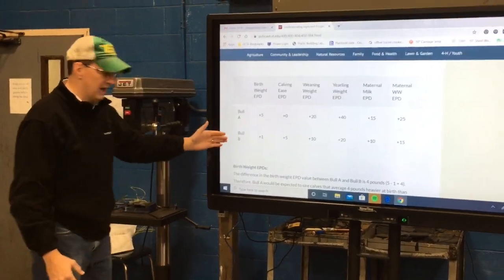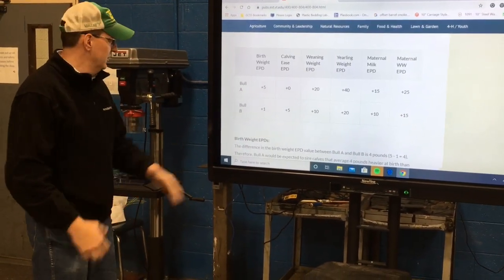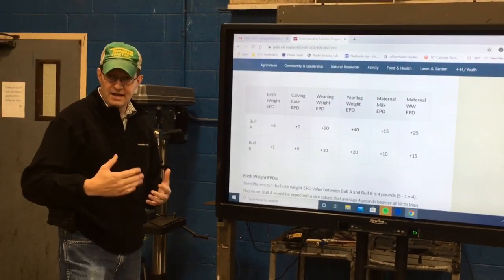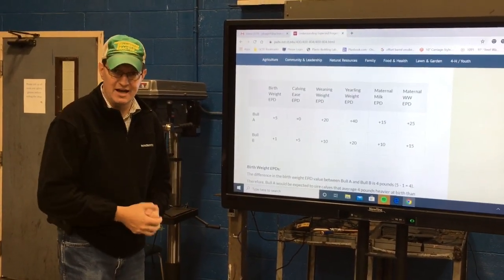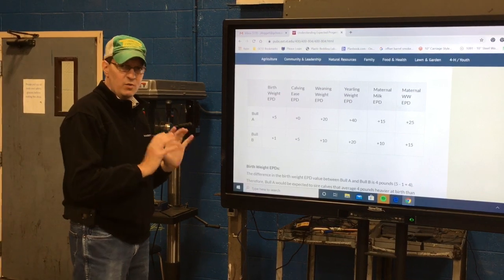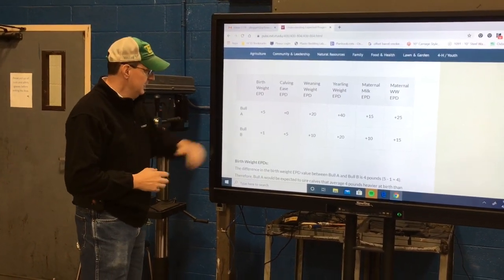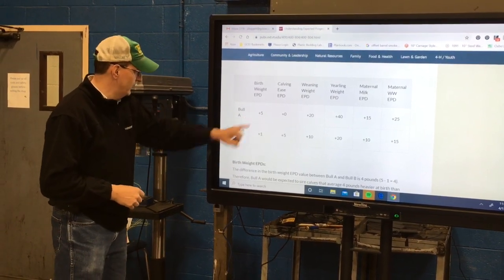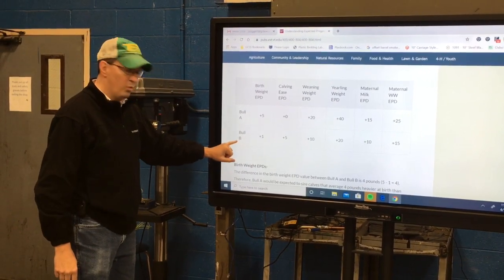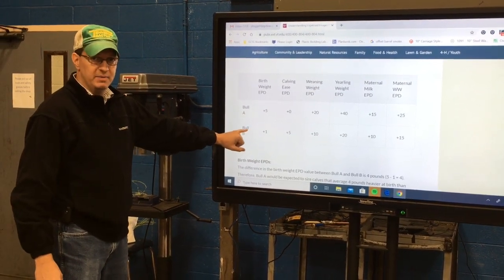So if we look at Bull A and Bull B, we see that Bull A has been given a number of +5. Now, you ask where that number came from. There are calculations to figure that out, but let's just stick with the numbers for a second, not read too far into them yet. This Bull A has a +5 birth weight EPD. Bull B, excuse me, has a +1 birth weight EPD.